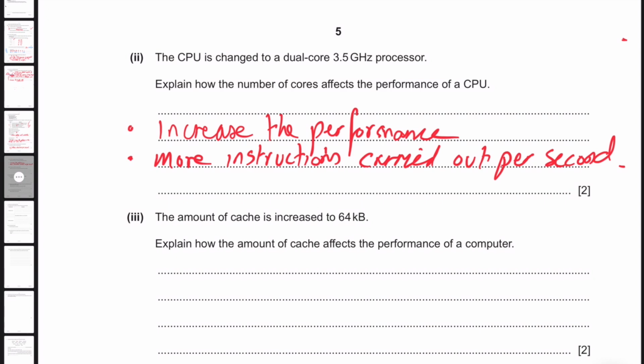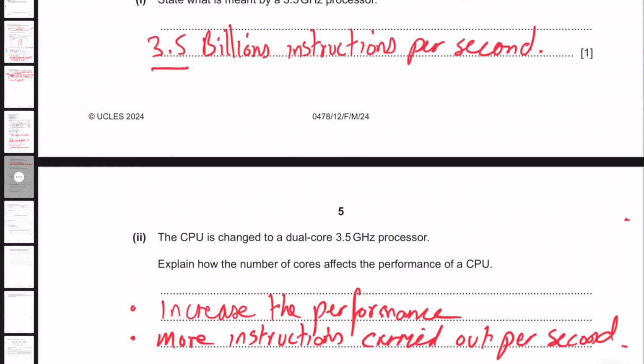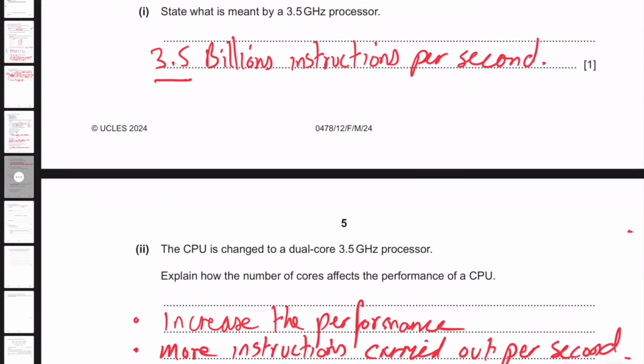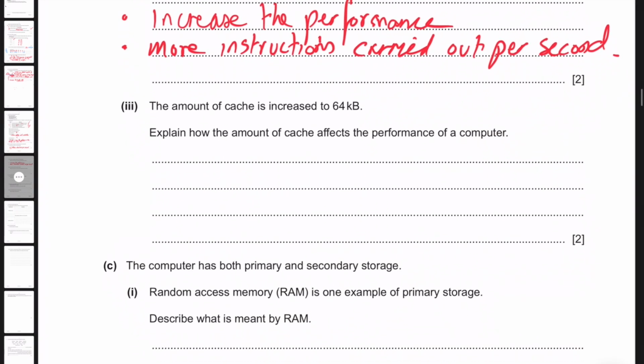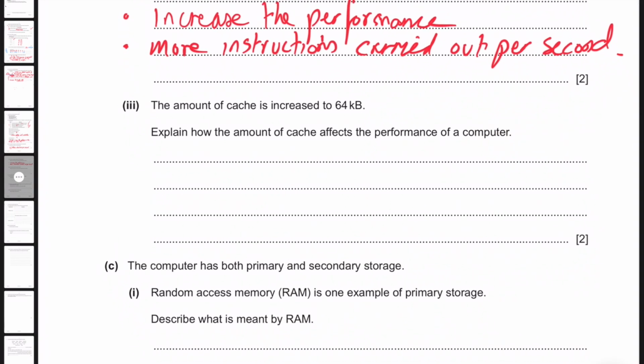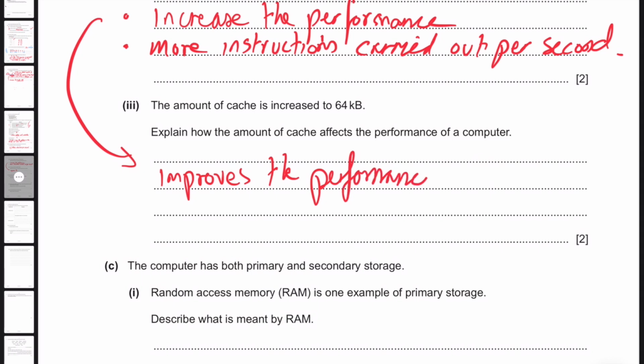The amount of cache is increased to 64. So basically, is it doubled? Oh no, wow, it's gone from 8 to 64. Explain how the amount of cache affects the performance of the computer. Again, it's exactly the same as this. It improves the performance. Okay, and because cache is another form of memory, but a high-speed memory, because we're increasing that, it means we're not having to use the RAM to access this data.